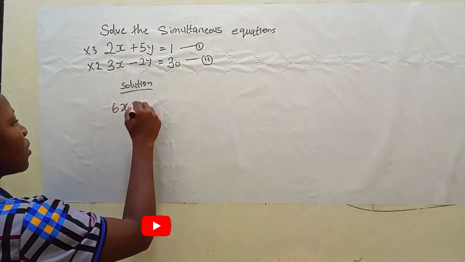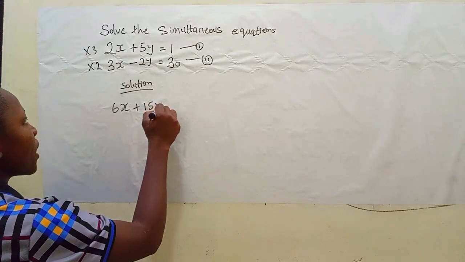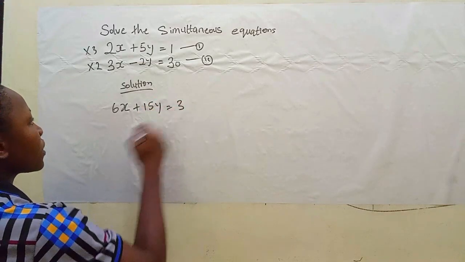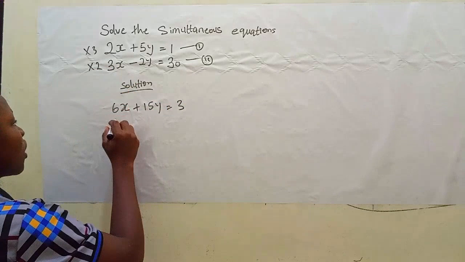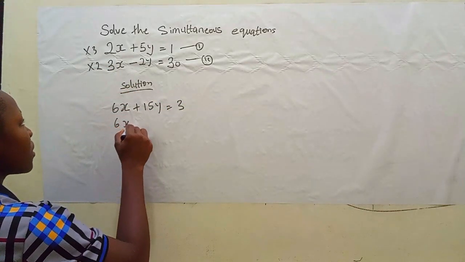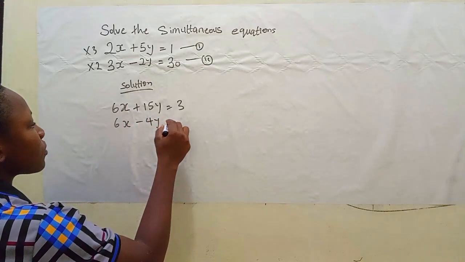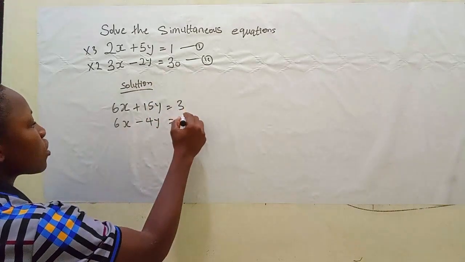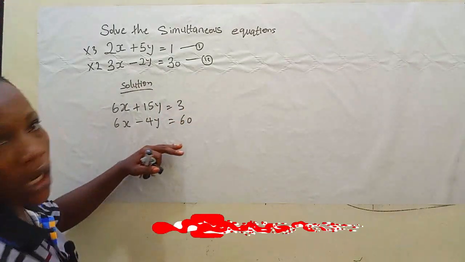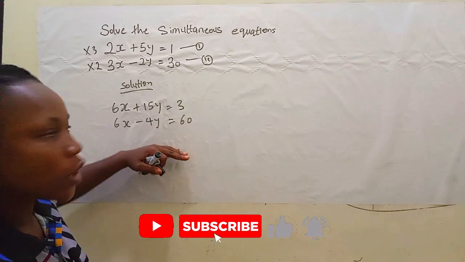Here we are going to have 6x plus 15y equals to 3. Here we are going to have 6x minus 4y equals to, this time is going to give us 60. Now, we have to name these equations too.